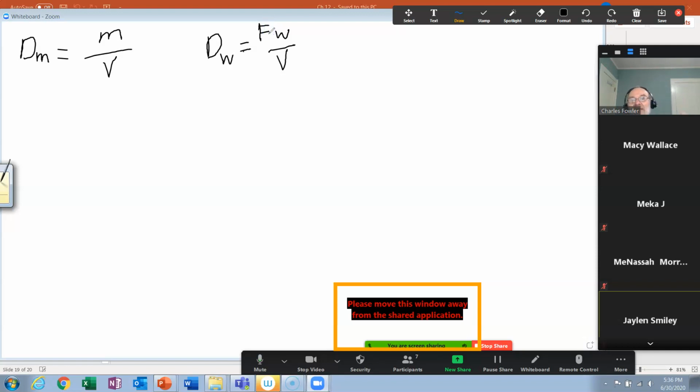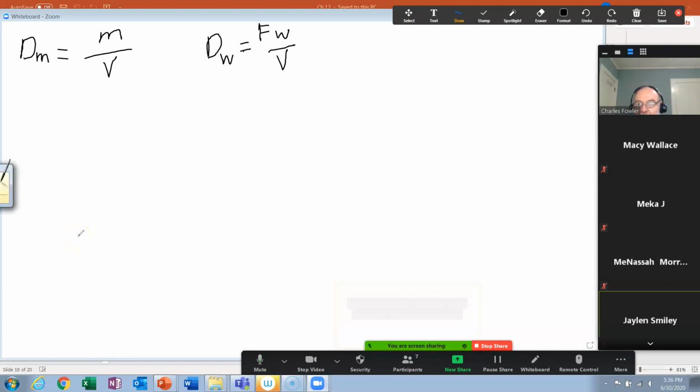Now, you could talk about weight density in the SI system. If you did, it would be in newtons per cubic meter. Most of the time we don't do that. We use mass density, which is in kilograms per cubic meter.